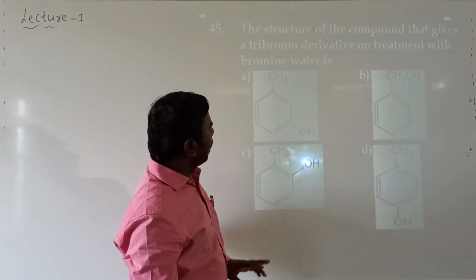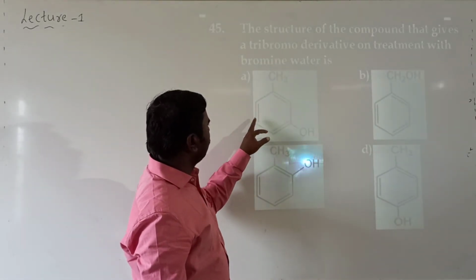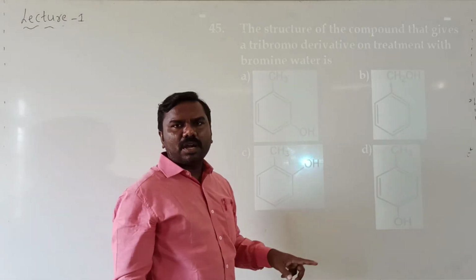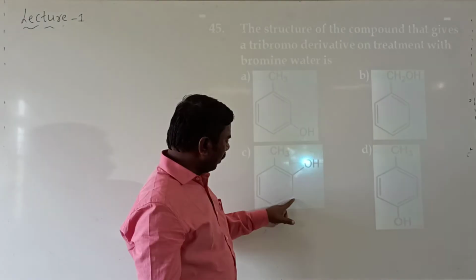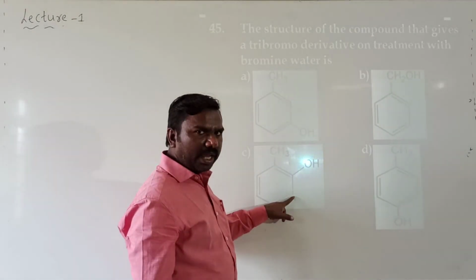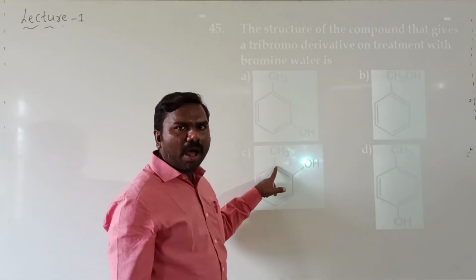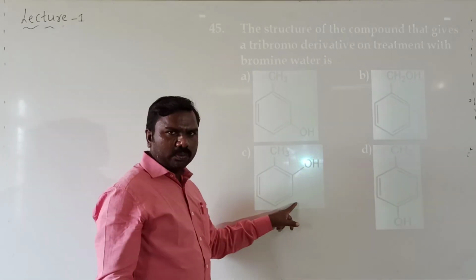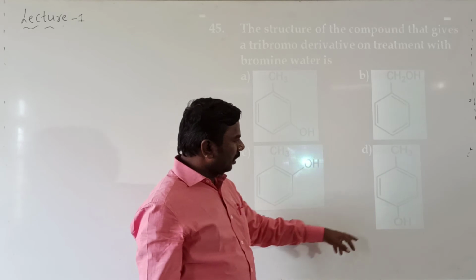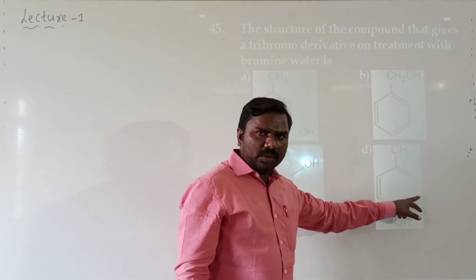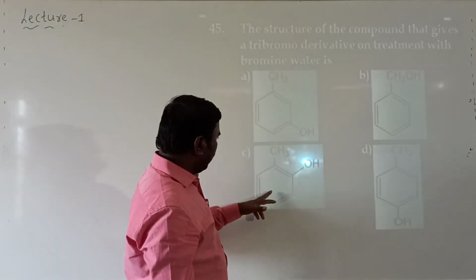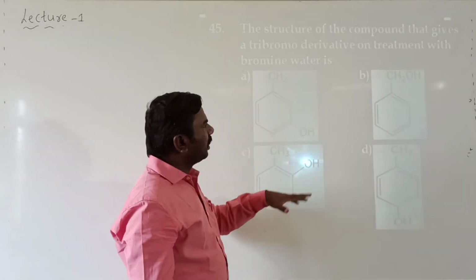If you take this, OH is ortho para directing, one ortho position is blocked. Ortho and para, only 2, but not tri. Here, 2 ortho but para is blocked, not possible. Here ortho is blocked, not possible.